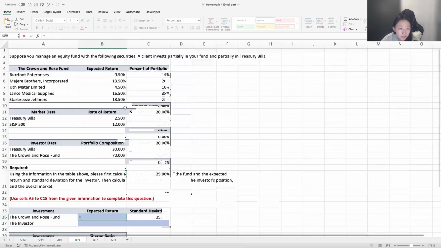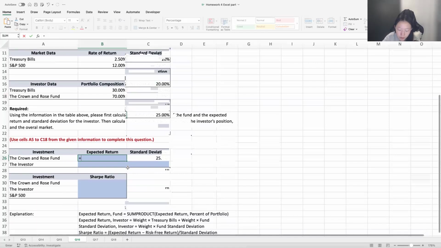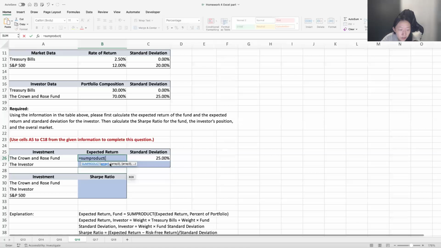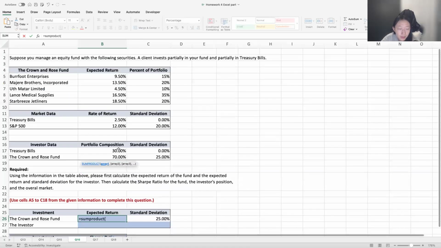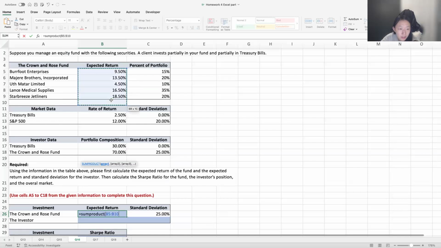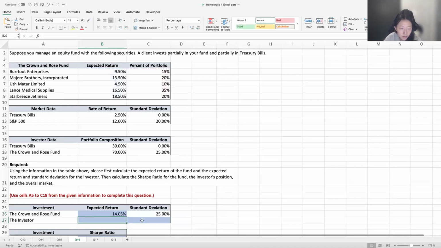Expected return for the fund will be the weighted average. So I'm going to use the weighted average function in Excel, which is called SUMPRODUCT. You will need to give Excel the weights and the returns. The order doesn't matter, so you can switch the order of 1 and 2, and that doesn't change the final result.